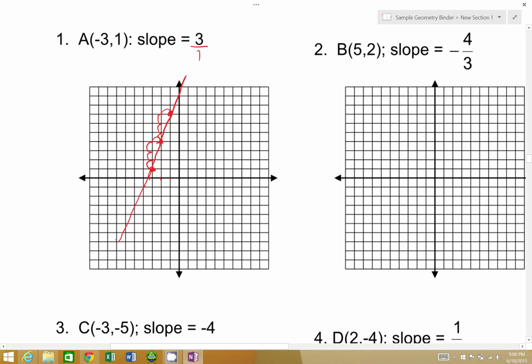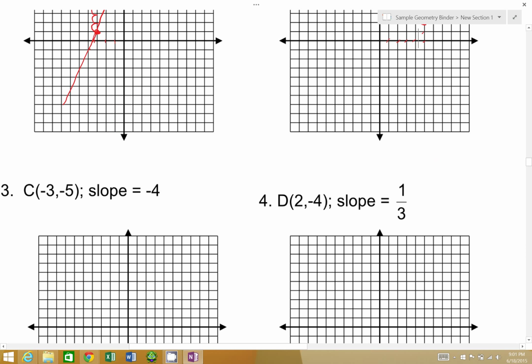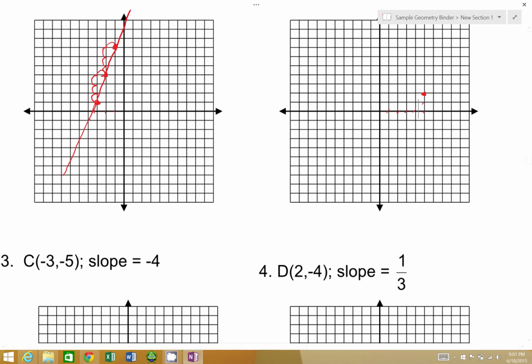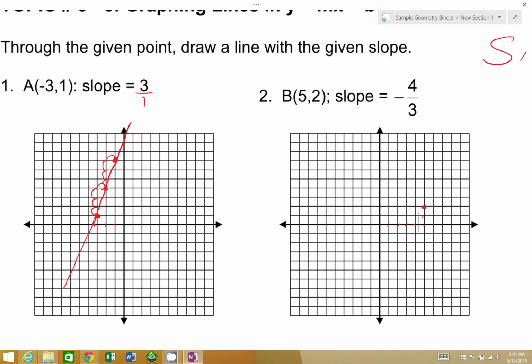Okay, let me try one more over here. So, 5, 2 over 1, 2, 3, 4, 5, up 2. My slope is, bring that down a little bit. Oh boy. Uh-oh. Alright, my slope is down 4 and over 3. So I'm going to go from this point right here.